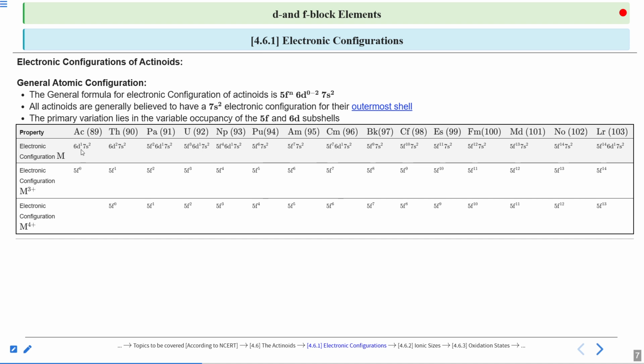If you observe, 7s2 is present in all the elements' configurations in this series, and the 5f and 6d subshells are filled variably. For example, in protactinium we have 5f2 6d1. Similarly, 5f3 6d1, 5f4 6d1. Again, at curium we have 5f7 6d1, and then at lawrencium 5f14 6d1. So this shows the variable occupancy of the 5f and 6d subshells in different elements.